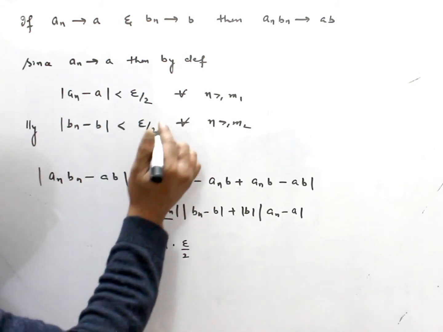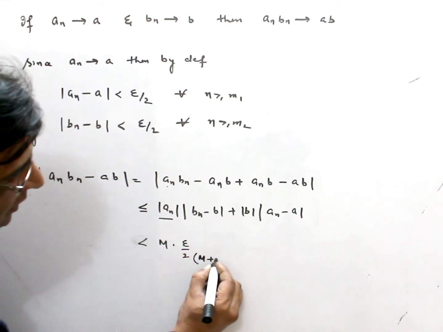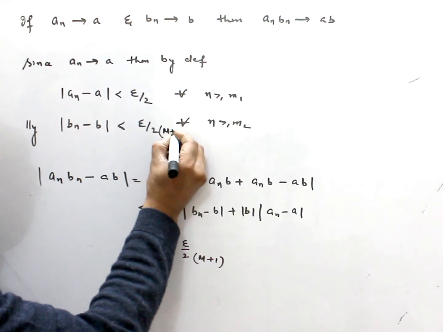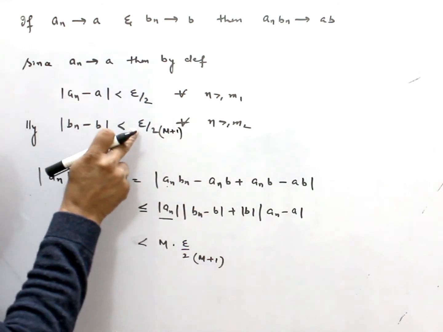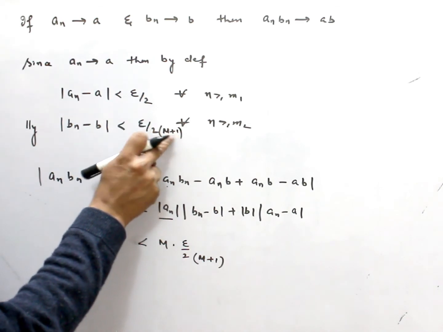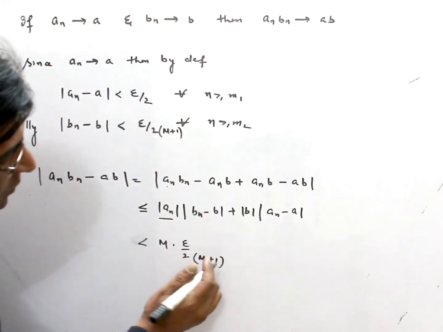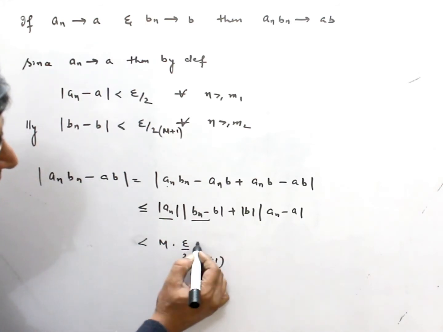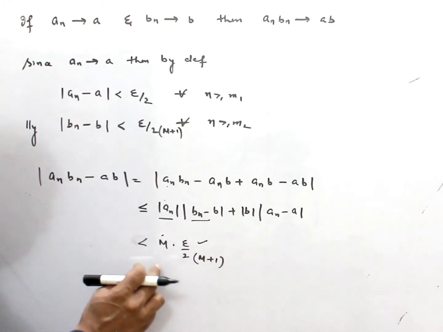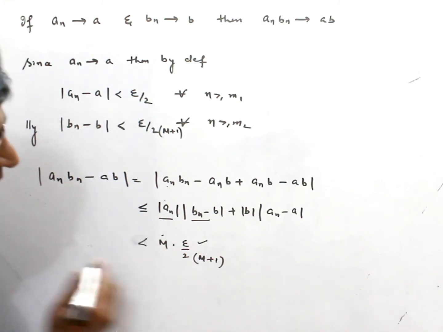Here I add m plus 1, because still it is a positive number. M is positive, 1 is positive, so this is a sum of two positive numbers. So this thing is replaced by this, because every convergent sequence is bounded. We know this result.